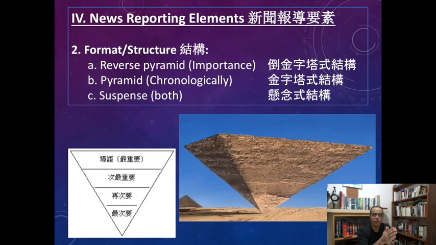The format and structure of the news report: the first is called reverse pyramid or inverted pyramid, and that means you start with the most important facts, the 5 W's we just mentioned: who, what, where, when, and why. Then in the body you talk about more details, but you start with the most important facts.